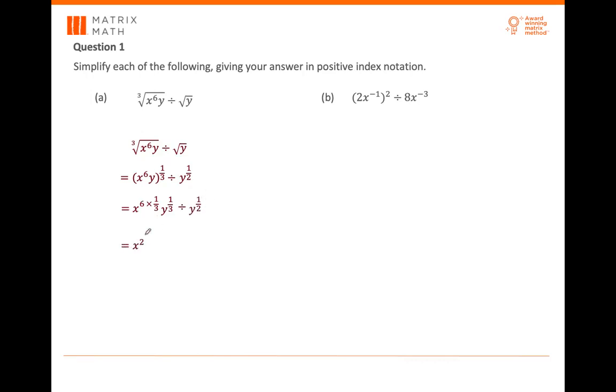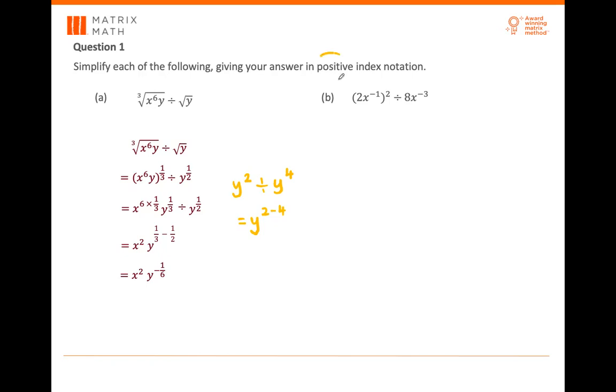So x will be x to the power of 2, and then y to the power of 1/3 divided by y to the power of 1.5. Remember, y to the power of 2 divided by y to the power of 4: both have the same base, and when it's divide, that means the power minus. So it gives you y to the power of 2 minus 4. Hence that's why you use 1/3 minus 1.5. So you will get x to the power of 2, y to the power of negative 1 over 6.